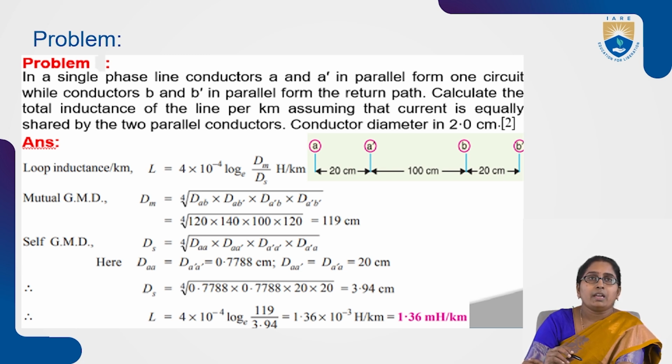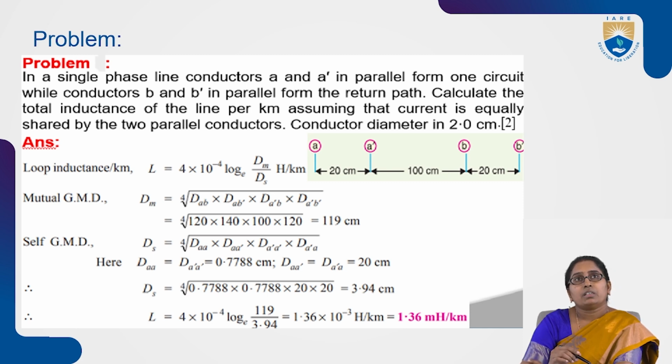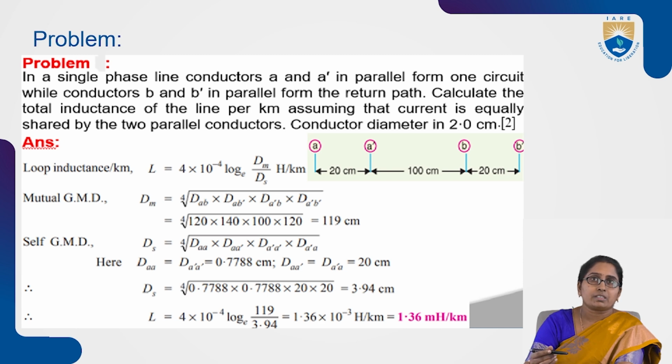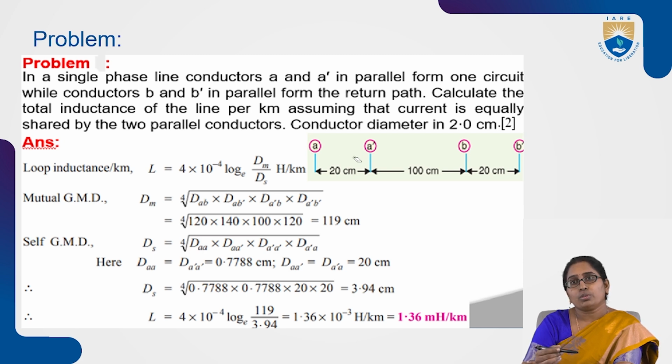What they asked is to calculate the total inductance. We just saw that the total inductance for the line with stranded conductors is 4 into 10 power minus 7 log base e of DM by DS.